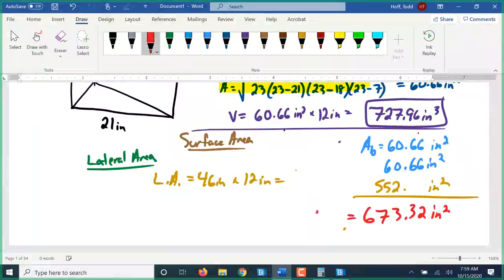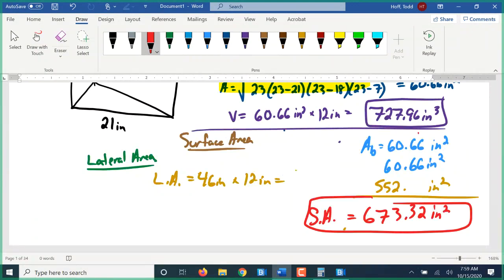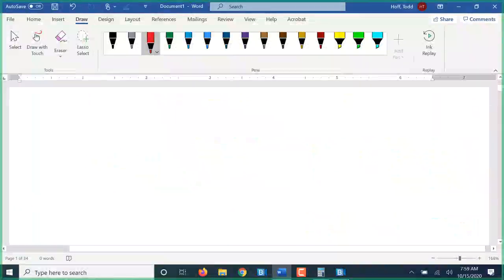Giving us a surface area, 673.32 square inches. Well, the next one we'll have you try.